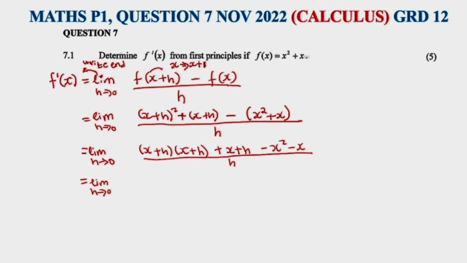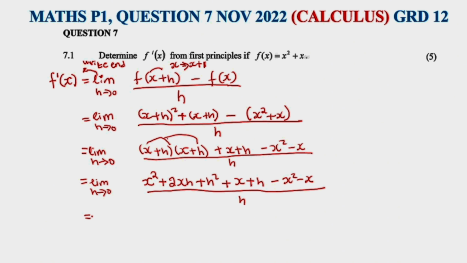As h approaches 0, we remove the bracket, we do the binomial here. We remove our bracket, so we're going to have x squared plus xh, another xh, so it's going to give us 2xh, and then h times h is going to give us h squared, plus, this will just give us x plus h, minus, in this case, you're going to have x squared minus x, okay, all over h.